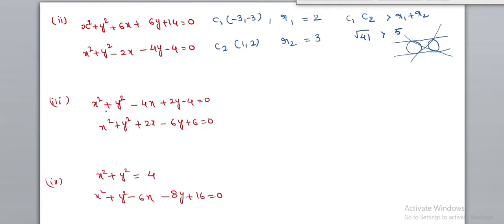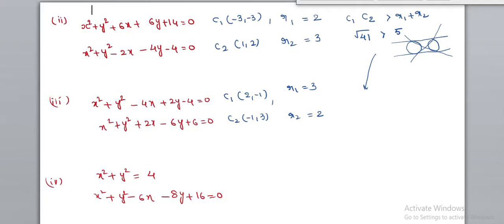Okay, the next, third one. Simply identify the centers: 2 comma minus 1 and minus 1 comma 3, and the radii are 3 and 2. What condition is followed? Same condition, C1 C2 greater than R1 plus R2 as usual, same number of tangents.